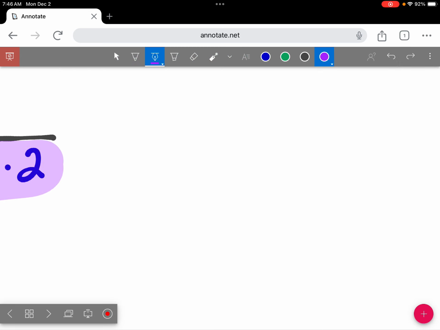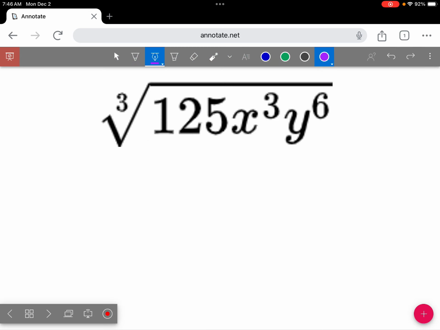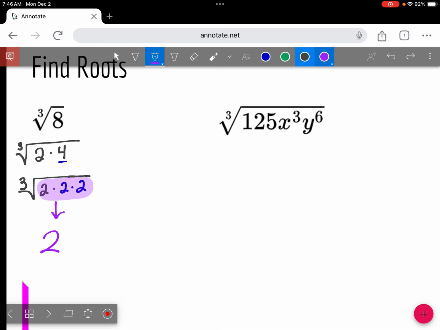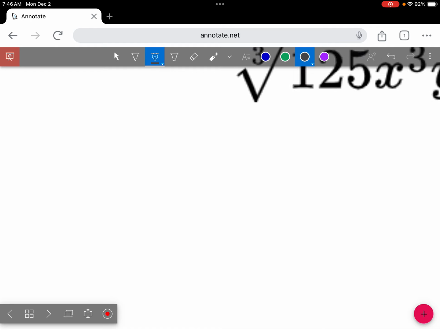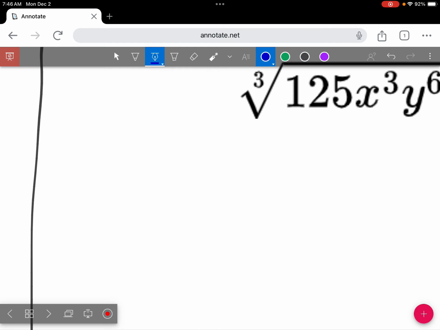On our middle one here, we've got the cube root of 125, x cubed, y to the 6th. So again, just like I did with the square roots, I'm going to break these up to be separate pieces because I don't like them all smushed together. It makes things complicated.